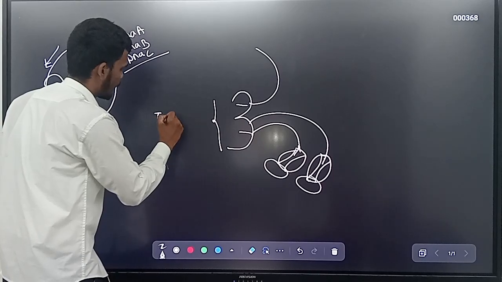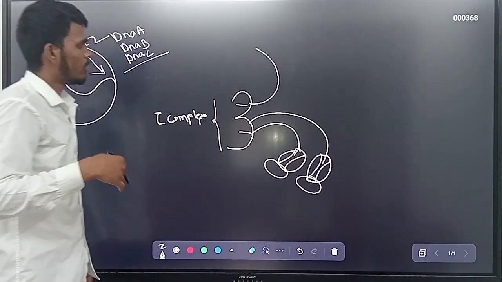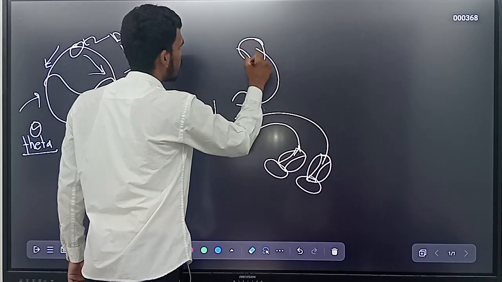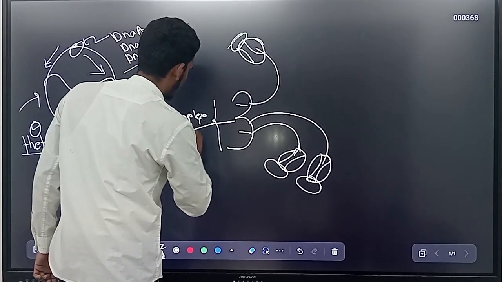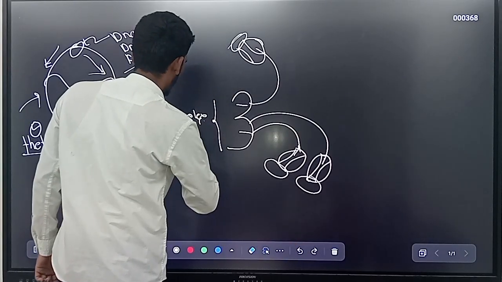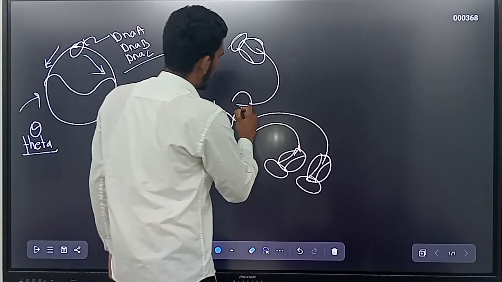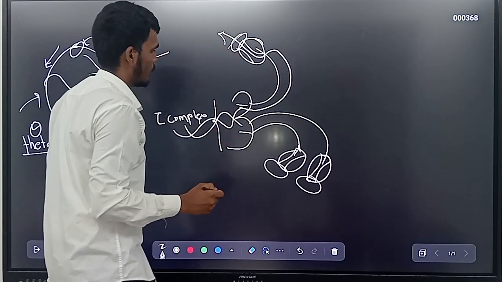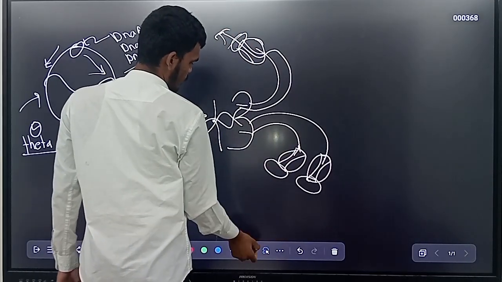When these get bound to each replication fork, the replication process will go on, and it will be bidirectional, in opposite directions at the two replication forks, and semi-conservative. This will form a structure. You should remember it will form a theta structure. Remember this word theta.